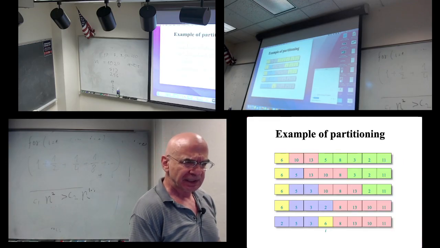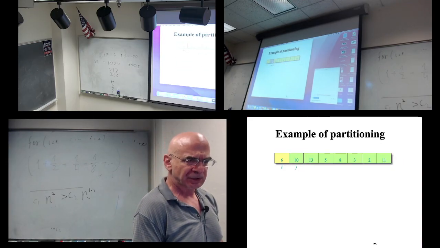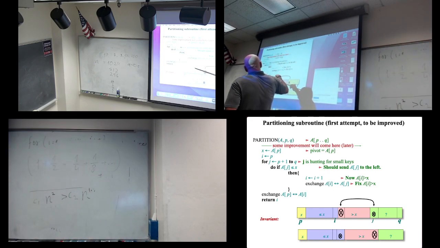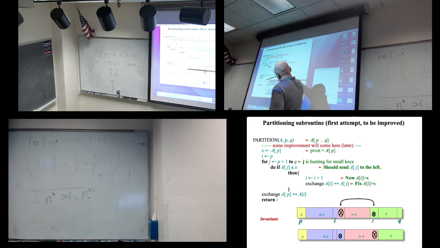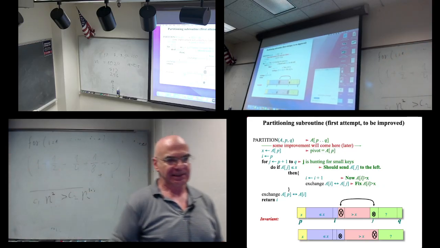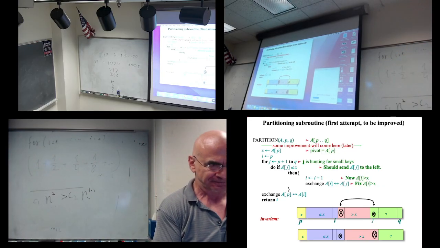Something worth mentioning in the code is that when I'm done, I'll place the pivot at A[i], just to make sure that the pivot is right here. It's not crucial. And I is the value that I return. I will be where the last small element is. Again, I is where the last small element is.